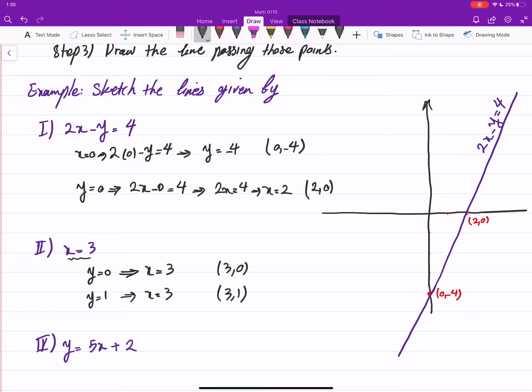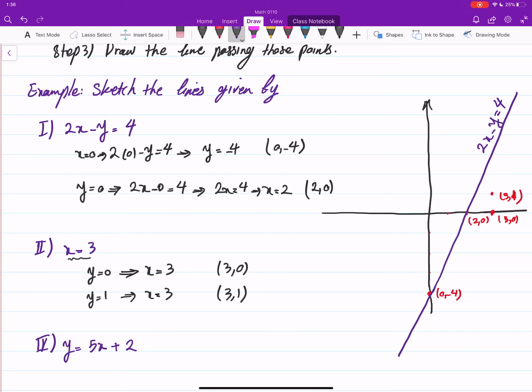Okay, let's find the points. 1, 2, 3. Here. This is one of the points, (3, 0), and (3, 1) is also another one. And these are two points.